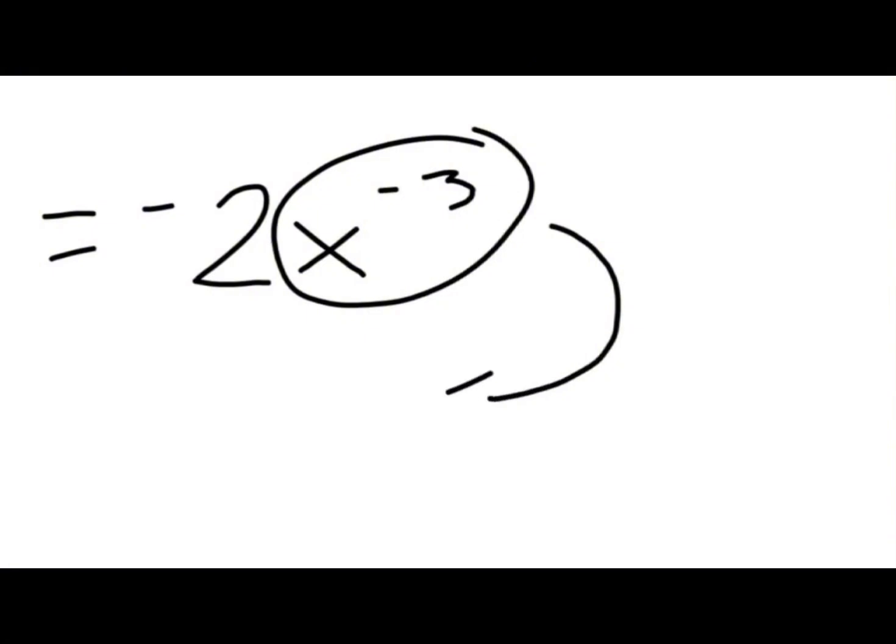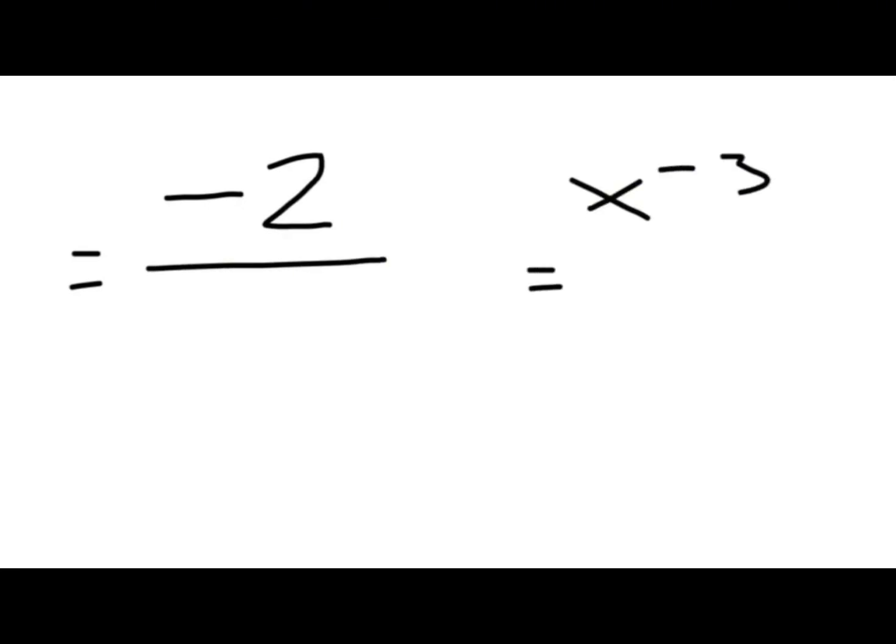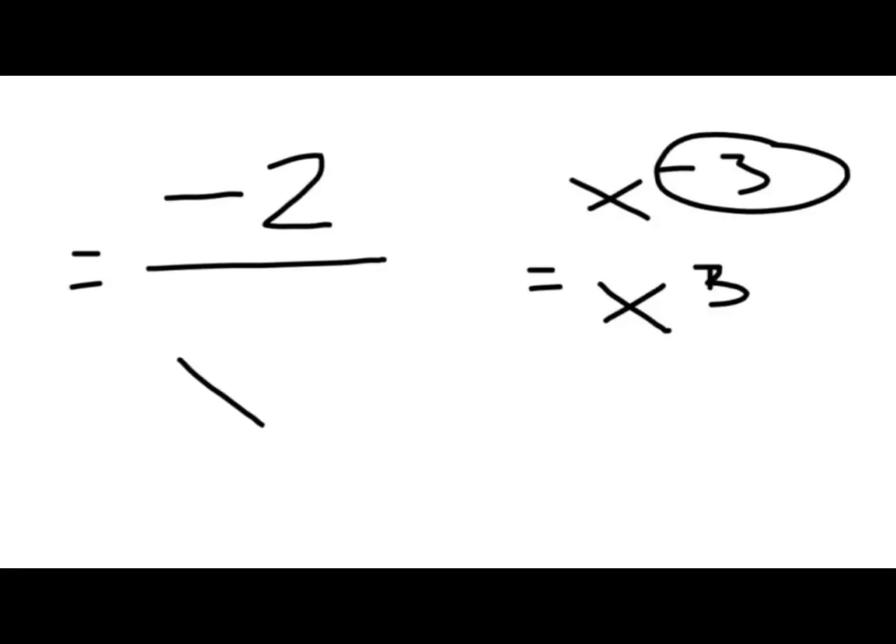And now we have negative 2x raised to negative 3. And then the variable x raised to negative 3, we can put it at the bottom, and then the negative 2 will remain on top. And we all know that x raised to negative 3, if you put it at the bottom, it will become x raised to positive 3. And then we can write it as negative 2 over x raised to 3, and that's the final answer.